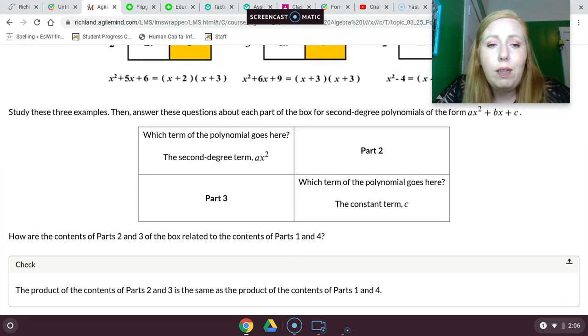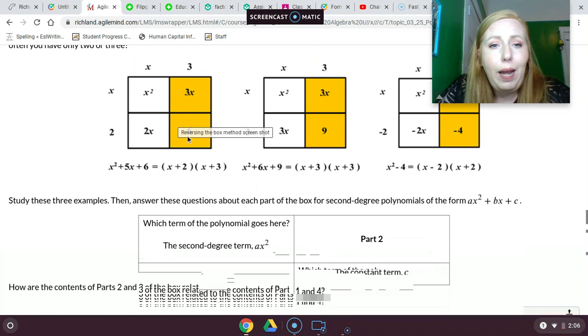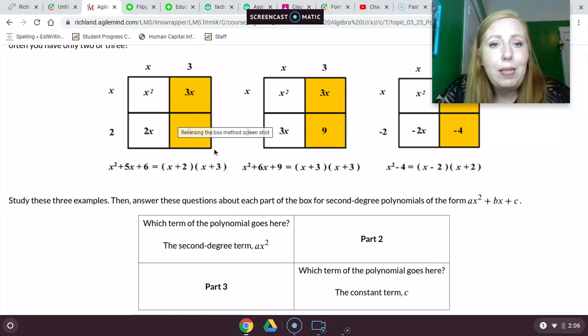Hopefully you were able to come out with the product of the contents of parts 2 and 3 being the same as the product of the contents of parts 1 and 4. If you multiply these 2 together, it would be the same as if you multiply these 2 together. And that goes the same for all of them.